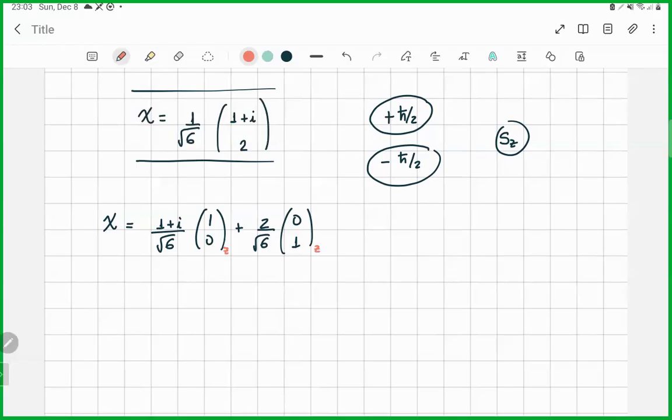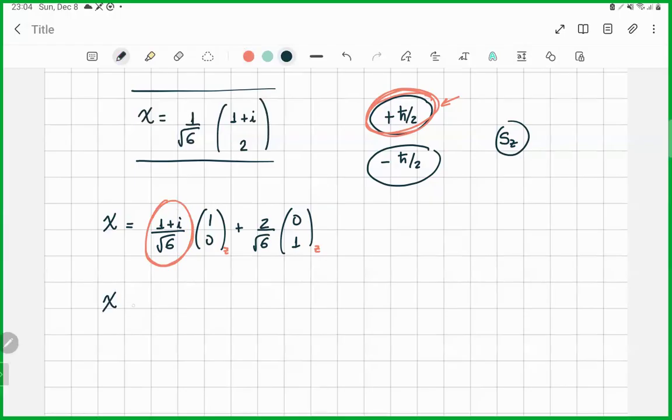So what is the probability that we are going to get the spin pointing up? Now, when we measure, we collapse the state. And what is the probability that we'll get this spin pointing up, which means we'll get this value? Well, what is the probability? The absolute value of this number, right? Because what is this state?